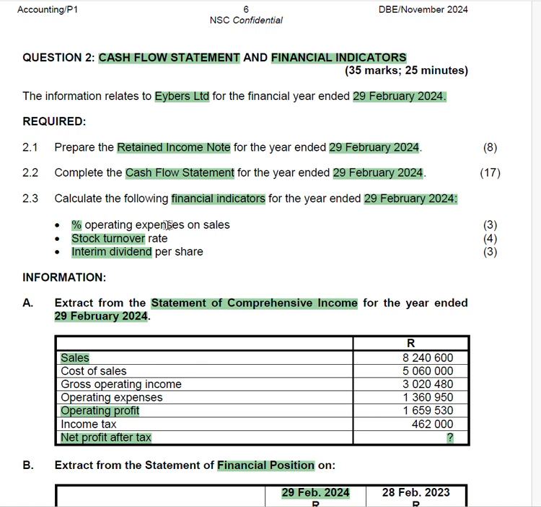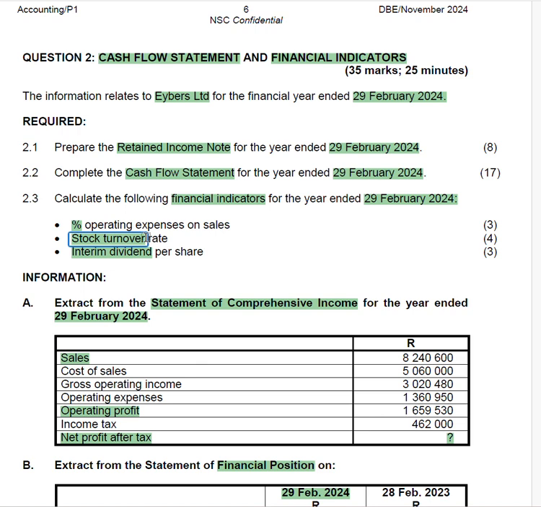So the first ratio, the company would like it to be as small as possible because they want to make sure that they do not spend so much of the money they are generating in the form of sales on the expenses. The second part is the stock turnover rate. We are trying to ascertain how many times per year we are selling our stock. In this case, we would like to sell the stock as many times as possible per year because it means our stock is attractive and the customers are willing to come and buy from us.